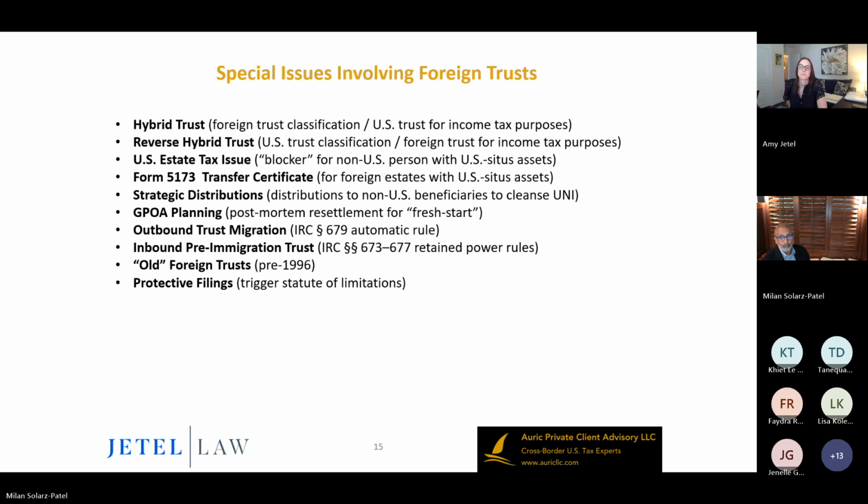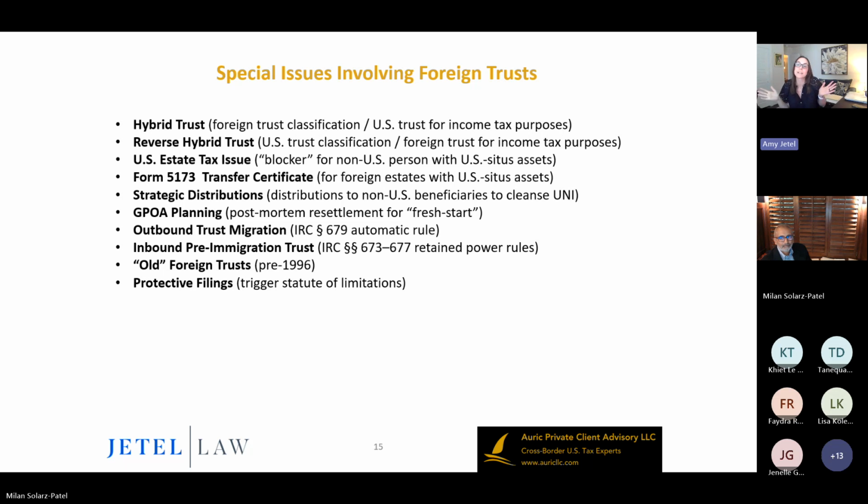Yeah, because keep in mind that in order to have a foreign owner of a grantor trust, it has to be revocable, basically, or the foreign person has to be the only beneficiary during their lifetime. And those are estate tax retained powers.